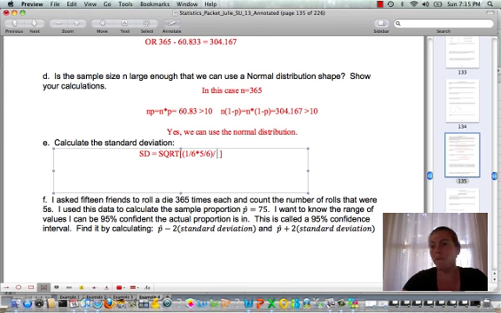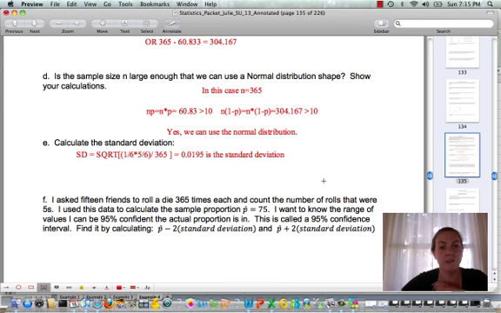And we're going to divide all that by 365. And when you type in your calculator, you want to make sure all of that is inside the square root. And so when we calculate that out, we're going to get 0.0195. And that's our standard deviation, or SD for short.